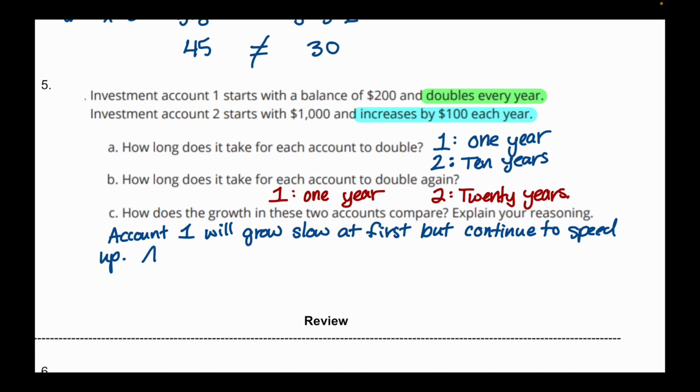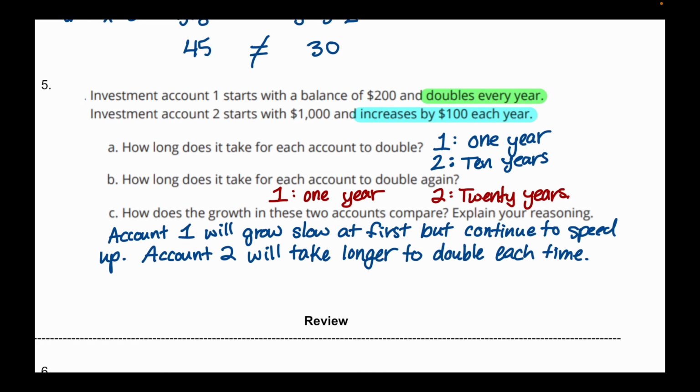Account 2, and let's talk about this 10 years and 20 years. It's actually taking longer to double. So account 2 will take longer to double each time, really.